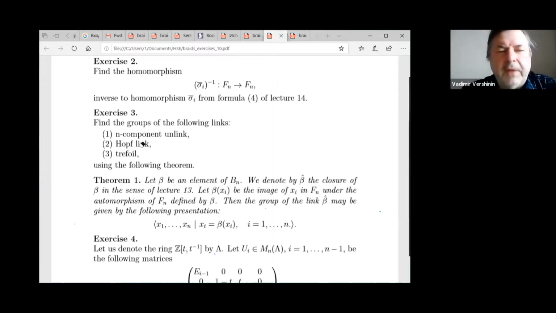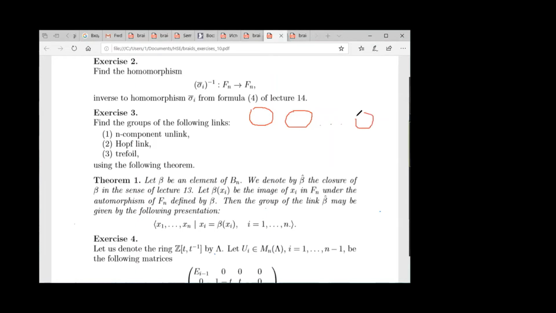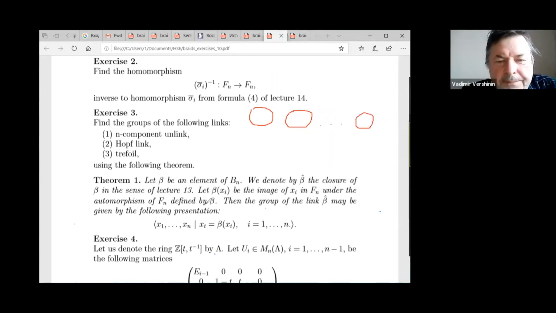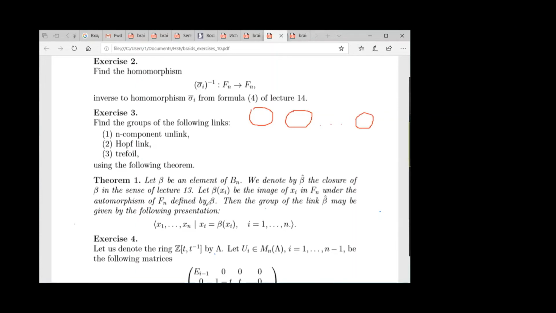We have the n-component unlink. How should we calculate the fundamental group of it? Natalia, you have ideas, I suppose. We have n generators, right? Free group. Oh, yes, and why?